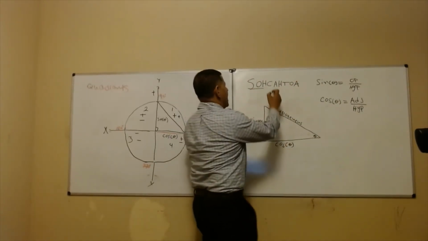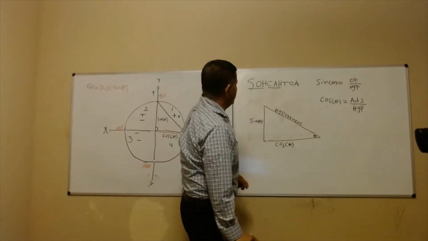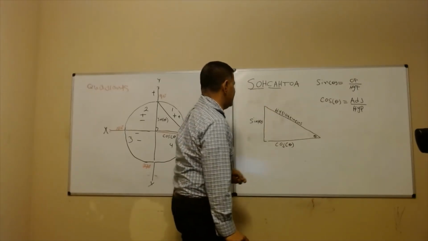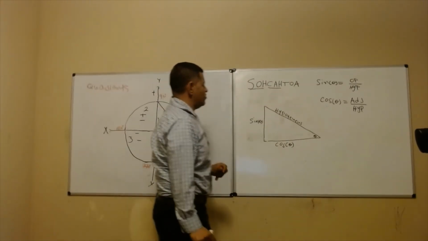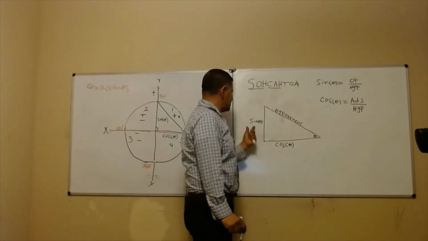Then we do tangent. Tangent is what? We know that tangent is the ratio between sine and cosine.